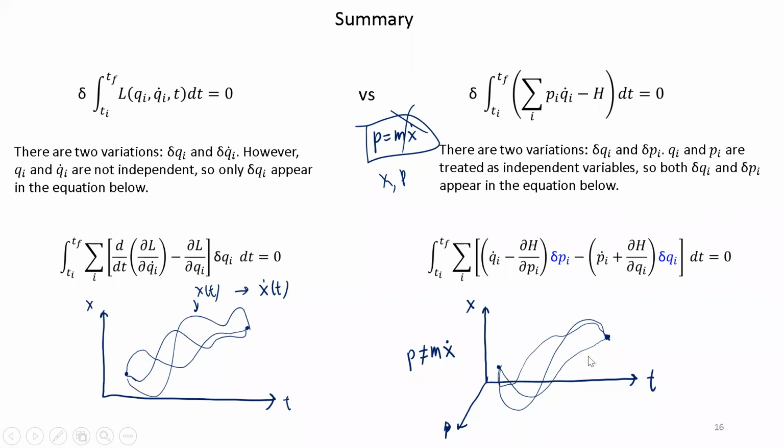At the end of the day, you find that to minimize this integral, you will have to satisfy this one being 0 and this one being 0. And then from these two equations, you will be able to find that p equals m x dot.